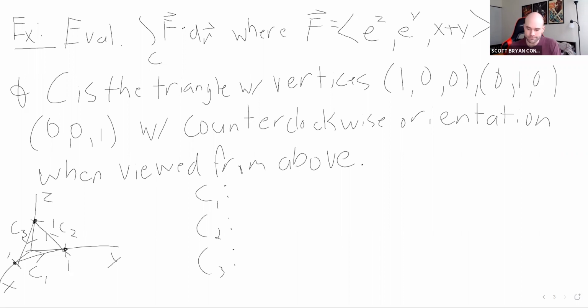So remember, if we start at a point A, we look at the position vector for that point, and we'll call that the vector A. The line segment from A to B is parameterized as the position vector for the first point plus t times the difference, b minus a.